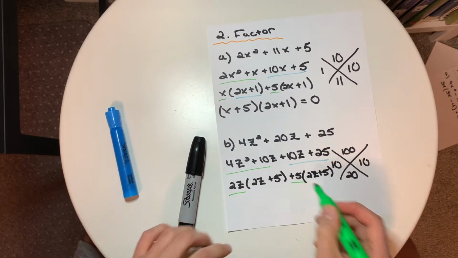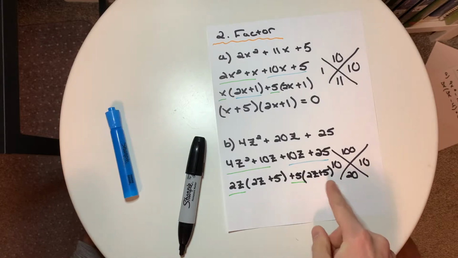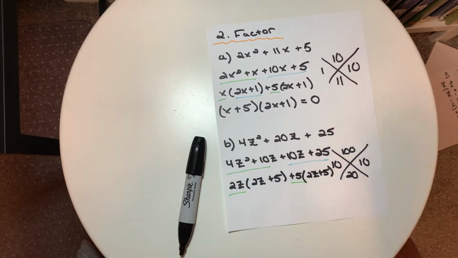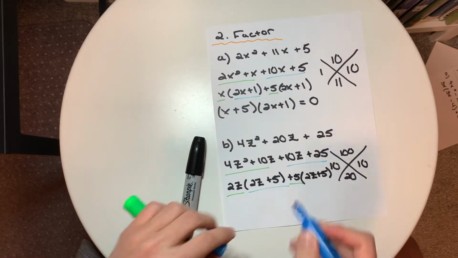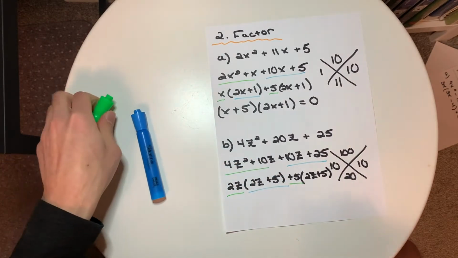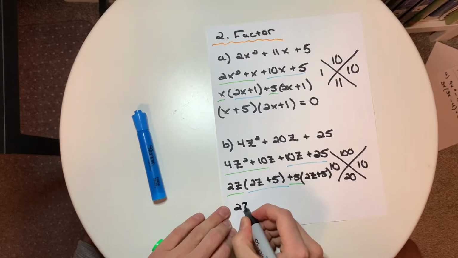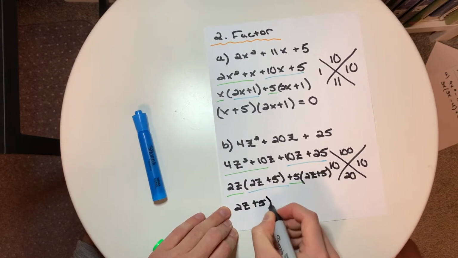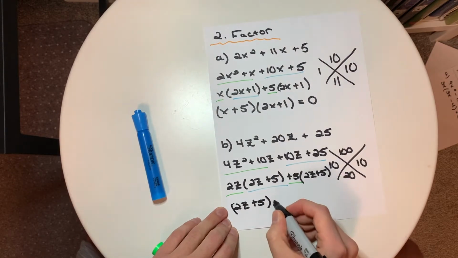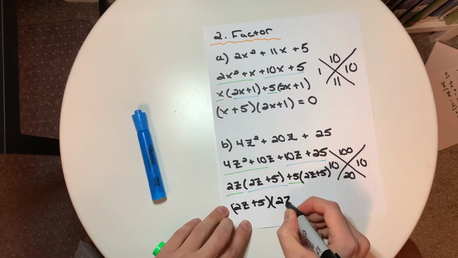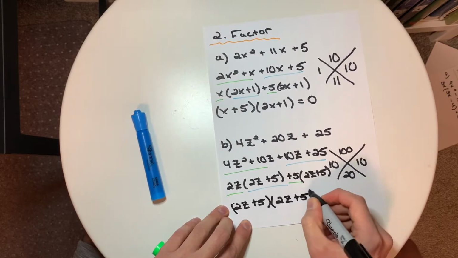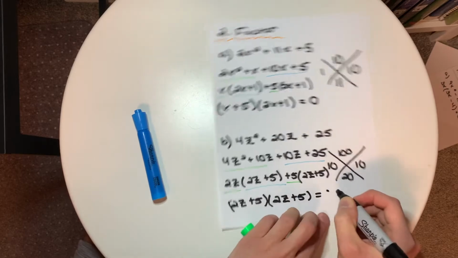Like we did before, we can group these terms together because our interior brackets are the same thing, and then we just take one of these. If we group the two green terms together, we have 2z plus 5, and if we put one of those blue terms together, we say (2z plus 5) is equal to 0.